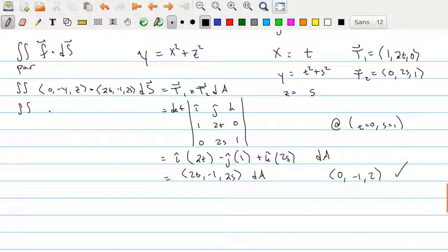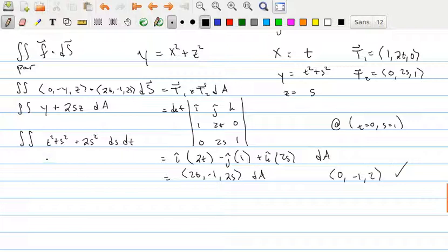Negative y times negative 1 is y, plus z times 2s is 2sz, dA. Now let's replace these. y is given by t squared plus s squared. z is given by s, so this is 2s squared. And dA is ds dt.